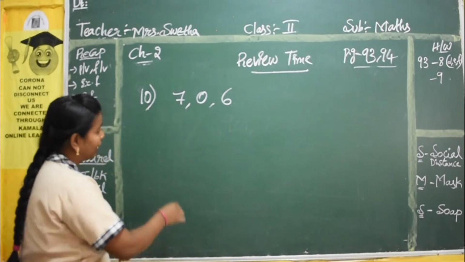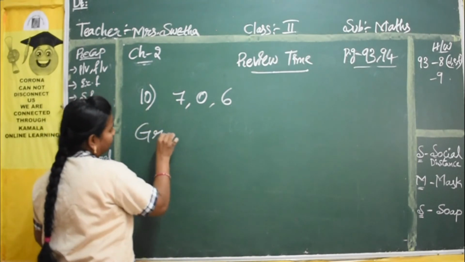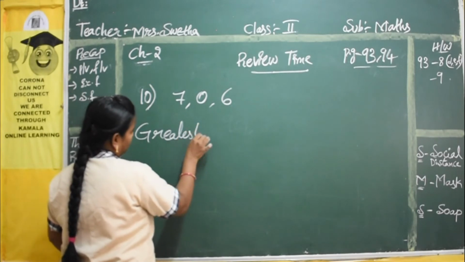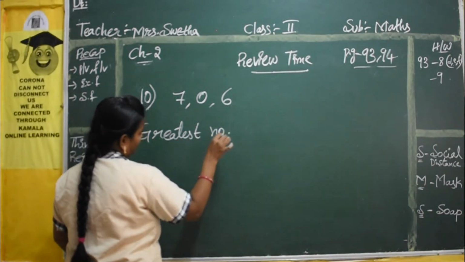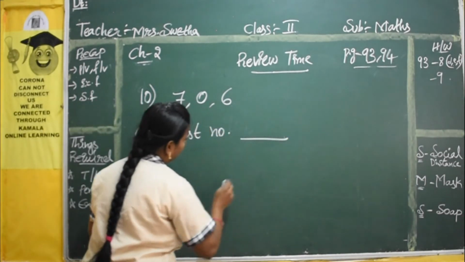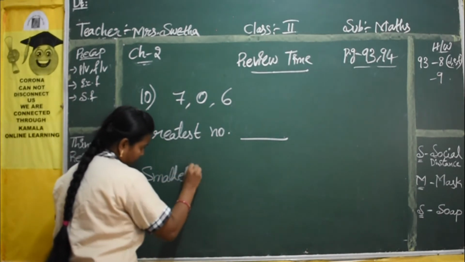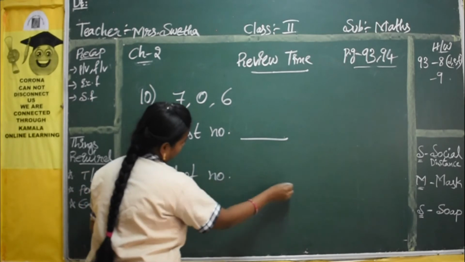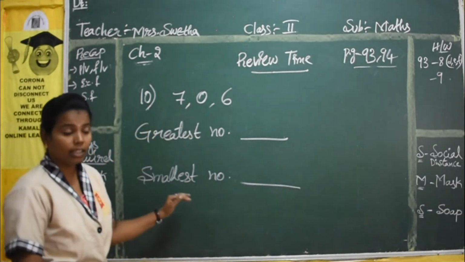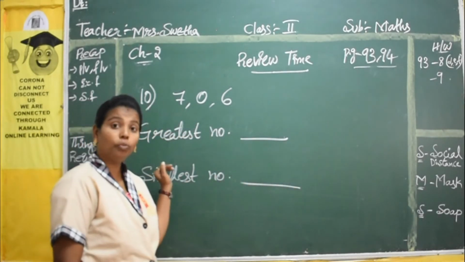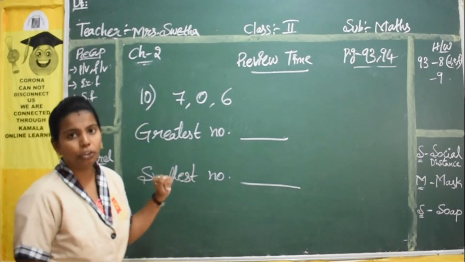You have to form the greatest number and the smallest number from these digits.